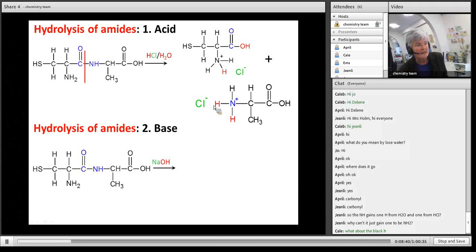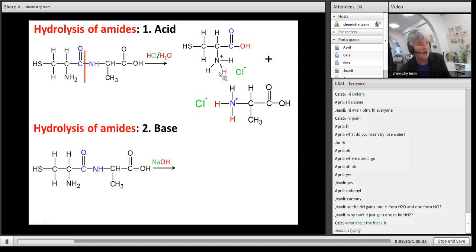However, this is an acidic hydrogen. This is an acidic solution. So of course we've got hydrogens being attracted to any base. And remember, your amine group is always basic. So this is a basic part. A weak base in an acidic solution, what is it going to do? It's going to accept a proton.